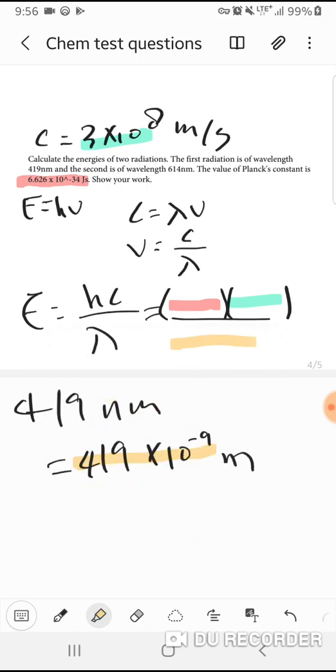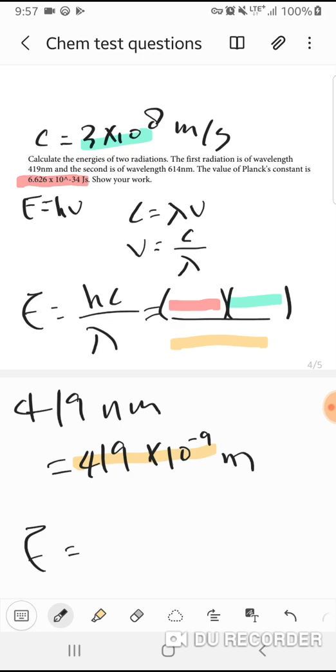So E would equal 6.626 times 10 to the negative 34 power times 3 times 10 to the 8th power, divided by 419 and divided by 10 to the negative 9th power.